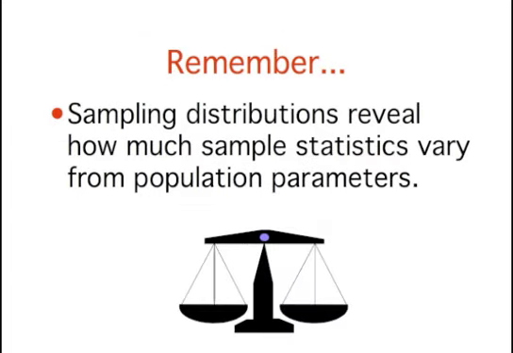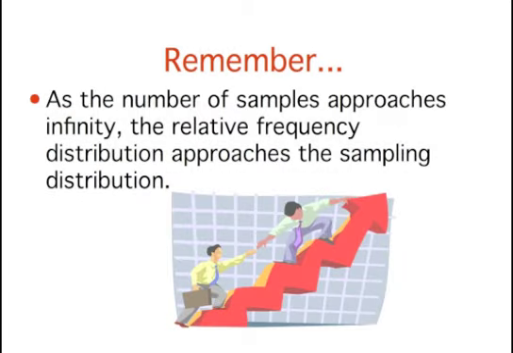To review, there are 3 primary ideas to remember from this section. First, sampling distributions help determine how sample statistics vary from population parameters and other sample statistics. Second, as the number of samples approaches infinity, the relative frequency distribution approaches the sampling distribution.